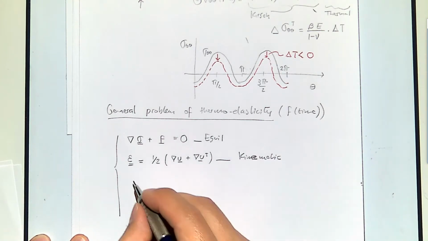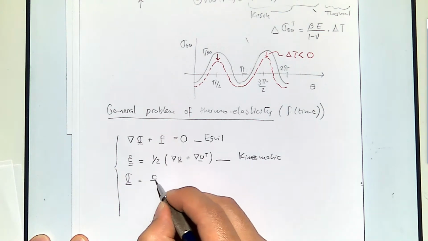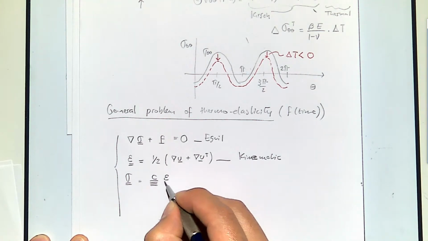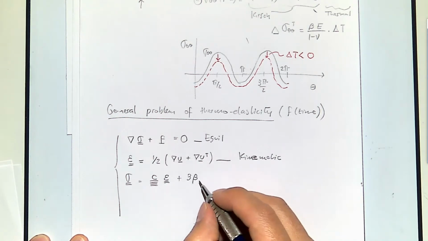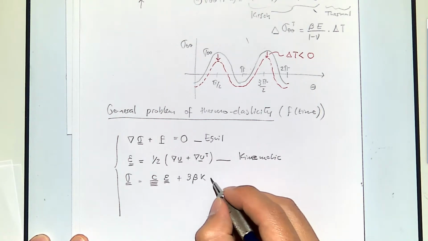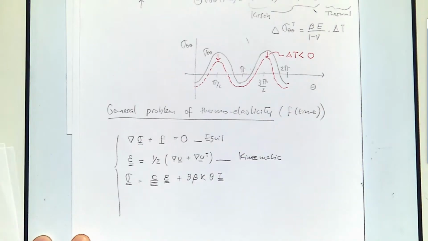Third, we have the constitutive equation, but now for thermoelasticity we have to add a component that takes into account changes of temperature and how changes of temperature induce stresses and strains.